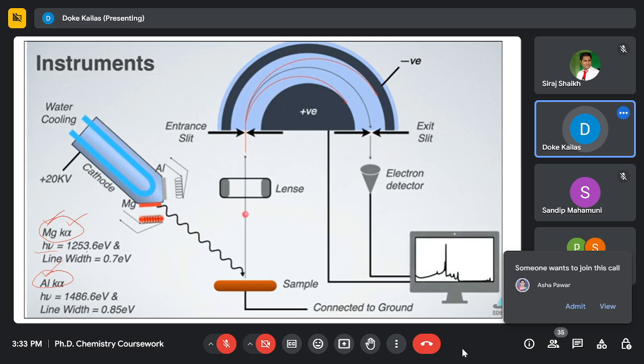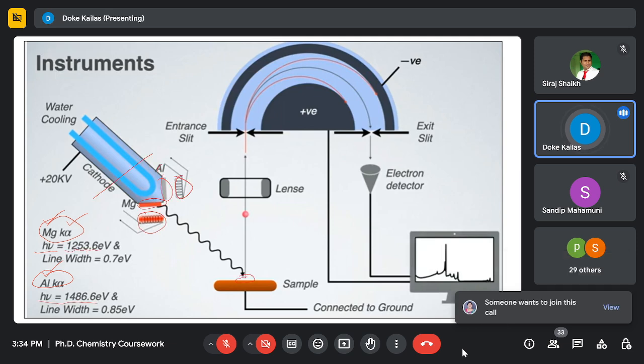When the sample emits photoelectrons, this is the way the photoelectrons travel. They are focused with the help of a lens into a hemispherical analyzer. There are different types of analyzer in X-ray photoelectron spectroscopy: hemispherical, cylindrical, circular or semicircular.